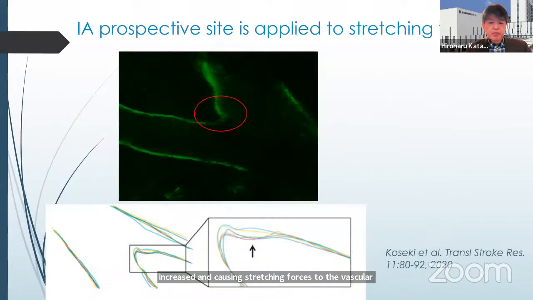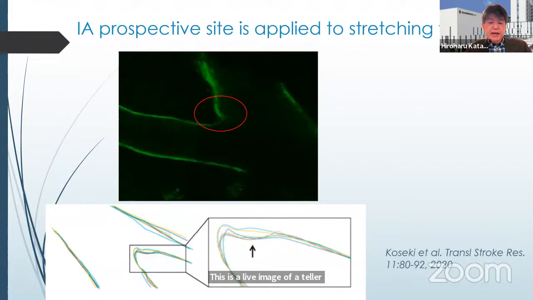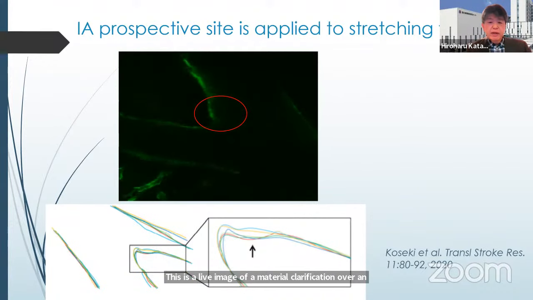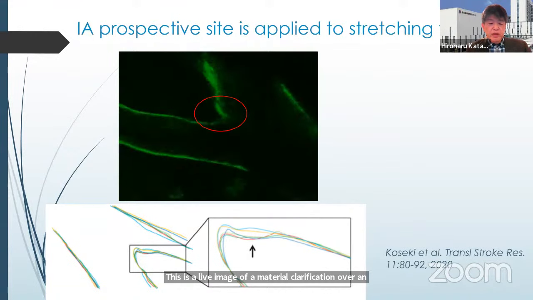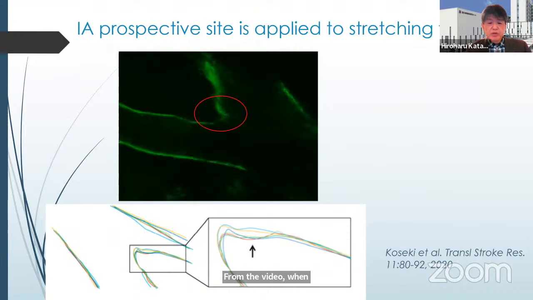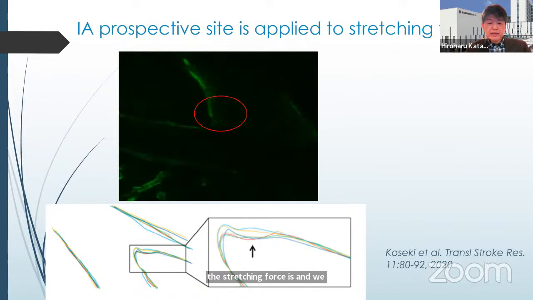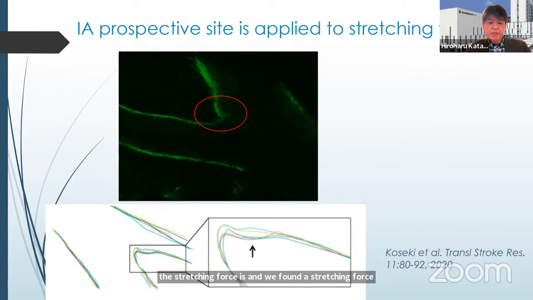This is a live image of the arterial bifurcation of OA and ACA in Tie2 rat. Tie2 rat has fluorescence in the endothelial cells. From the video analysis in the lower panel, we found a stretching force at the arterial bifurcation between OA and ACA.